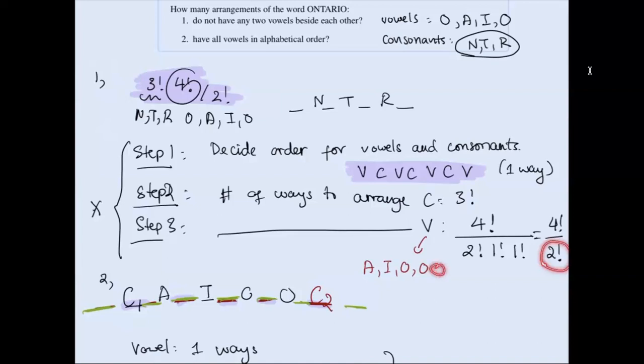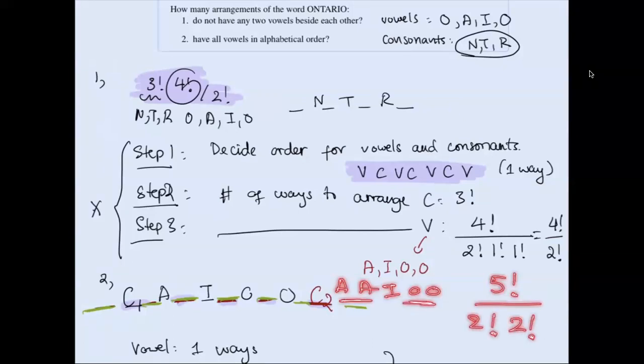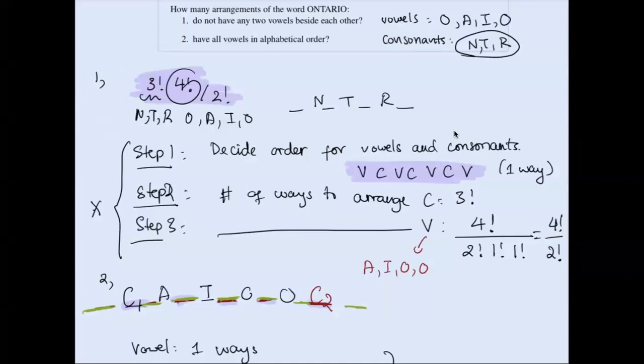If you have 3 similar objects, you divide by 3 factorial. And if you somehow get A, I, and O, then you have to do 5 factorial divided by 2 factorial and 2 factorial. Does this make sense? Yeah.